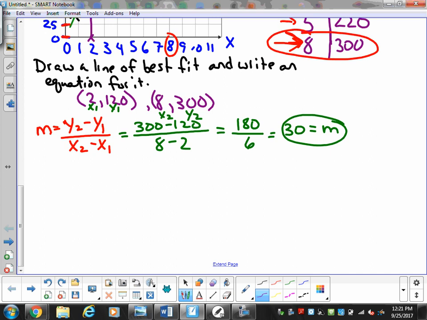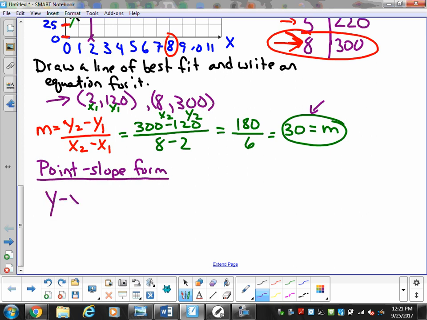Now, the form that I know to use, if I know my slope and I know a point, is point slope form. And point slope form is y minus y1 equals m times x minus x1. And I can plug in the information I know from this problem.